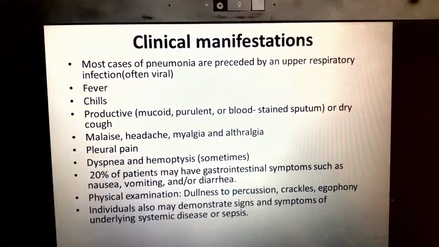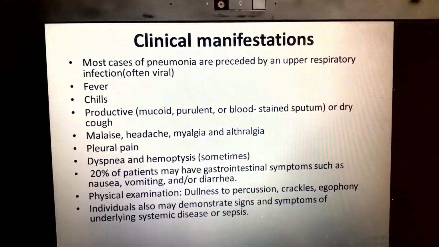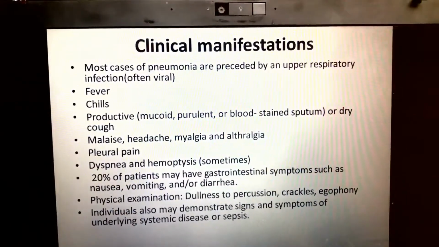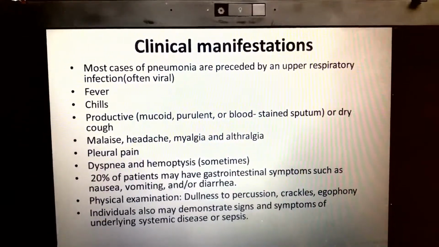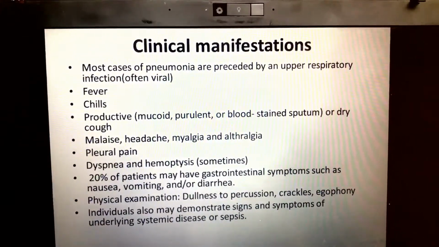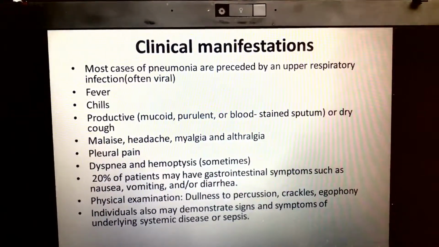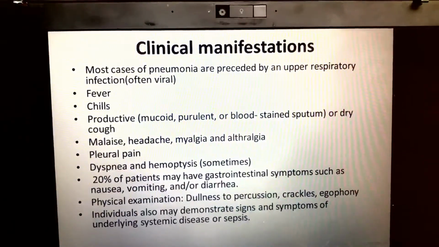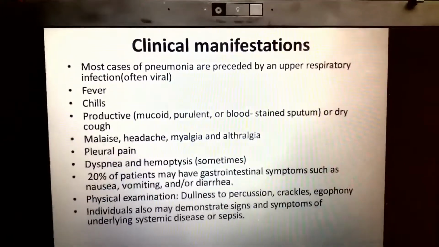When we say hemoptysis, this is coughing blood. 20% of patients may have gastrointestinal symptoms such as nausea, vomiting, and/or diarrhea. Physical examination: dullness to percussion, crackles, egophony. Individuals also may demonstrate signs and symptoms of underlying systemic disease or sepsis.